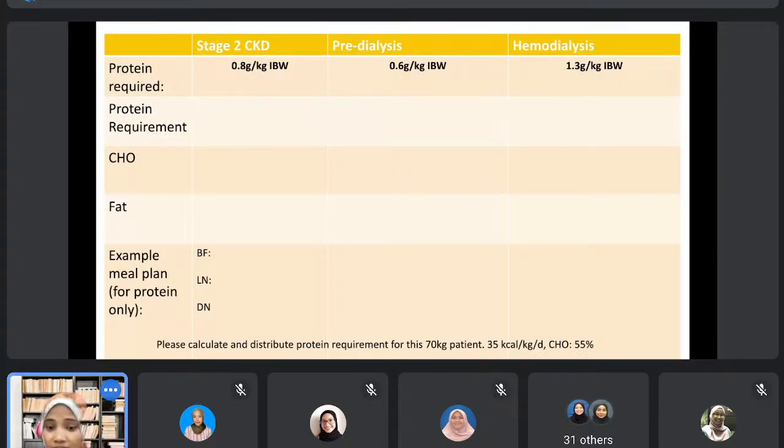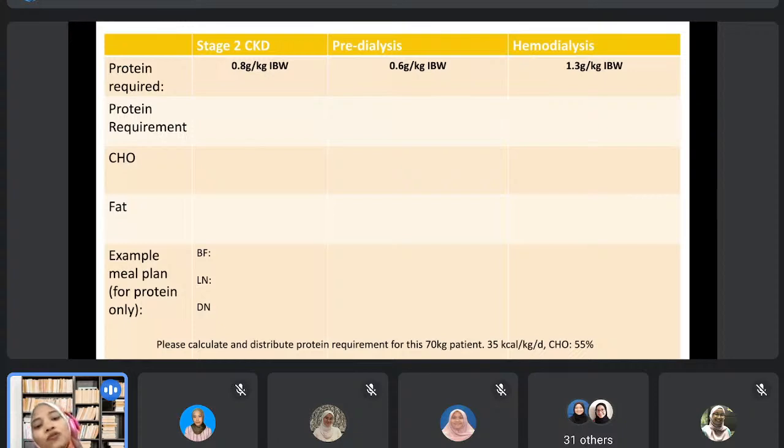Fat? Oh, it's gram, sorry. Gram, okay, dia punya percentage? 30%. 30. Sekejap, yang tadi 38%.